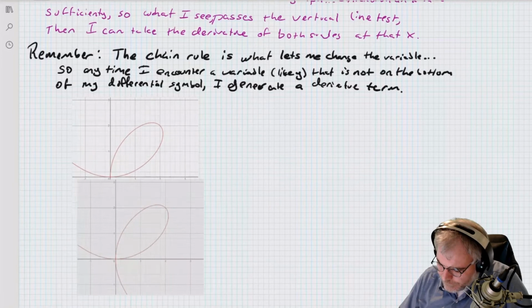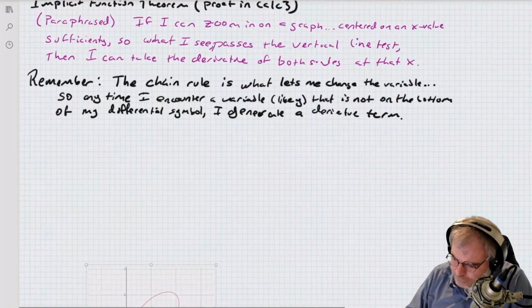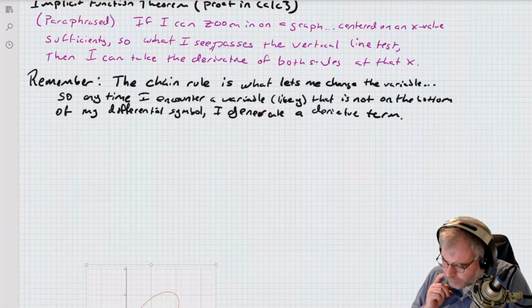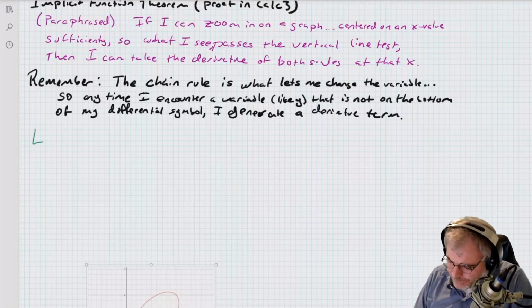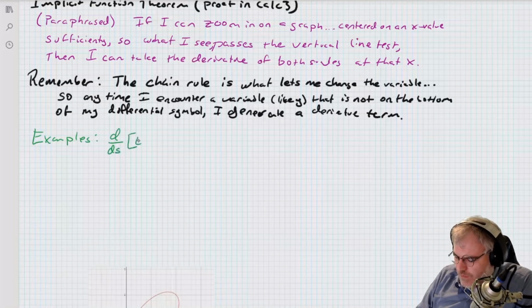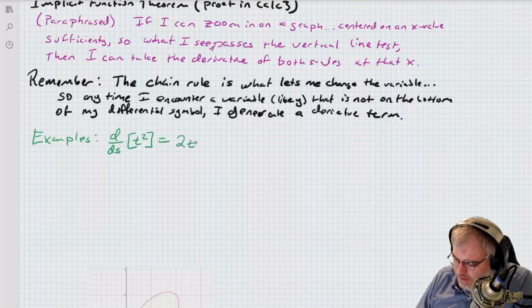So, for example, okay, examples. d over ds of t squared, different. This is going to be 2t times dt over ds. Right?